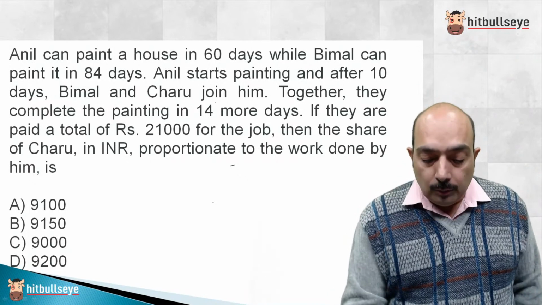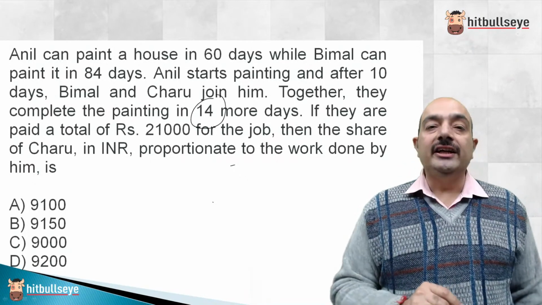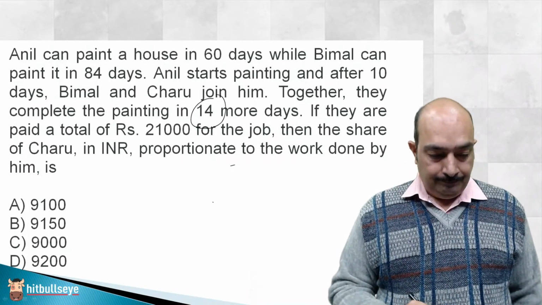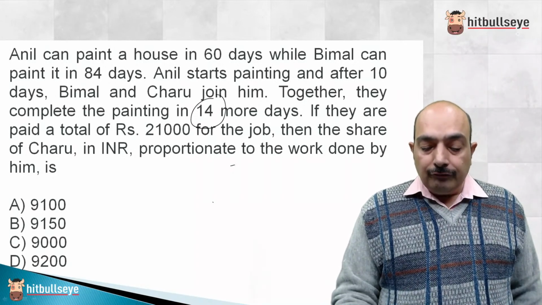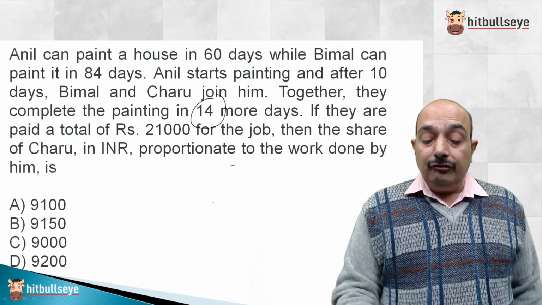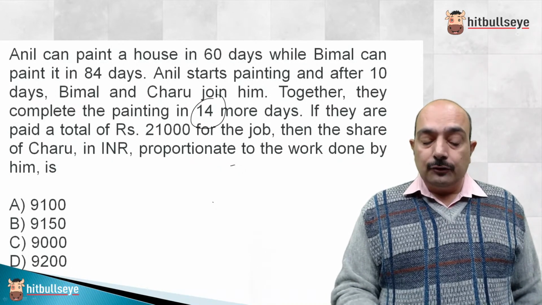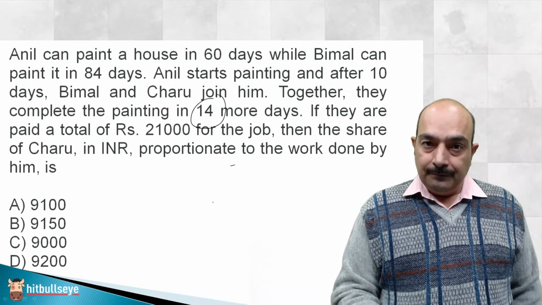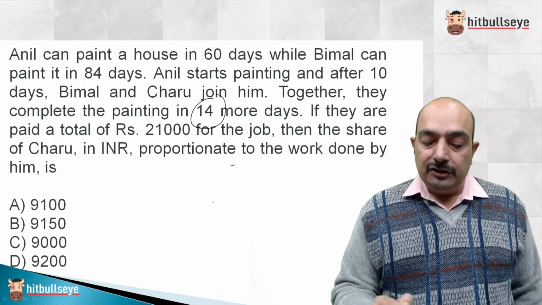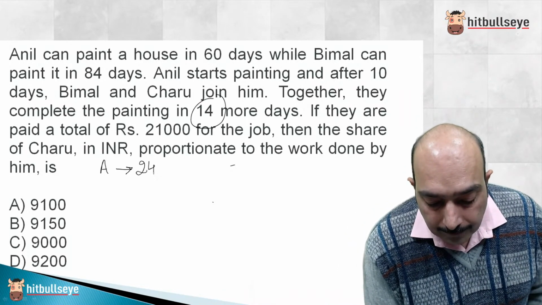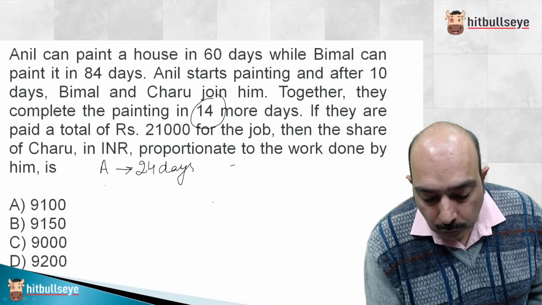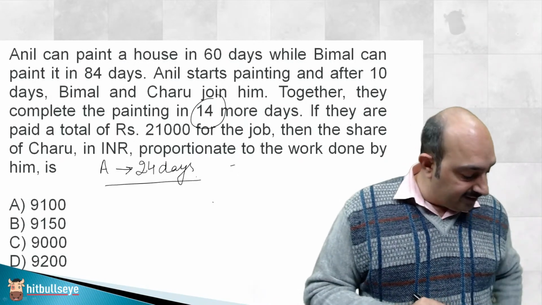Then they complete the work in 14 more days. What does that mean? Think on it. If A starts and he works for 10 days earlier, later B and C join, which means practically, can I say A has worked for 24 days? Everyone, please confirm.